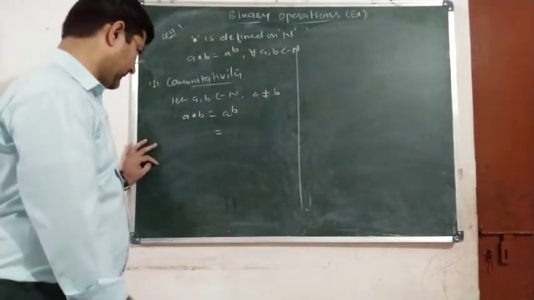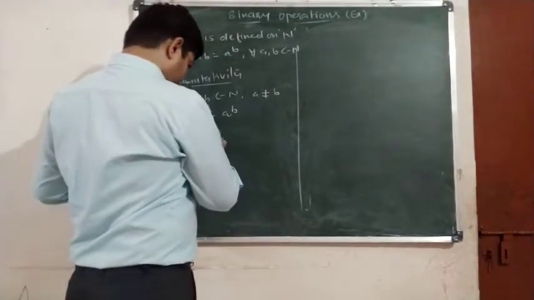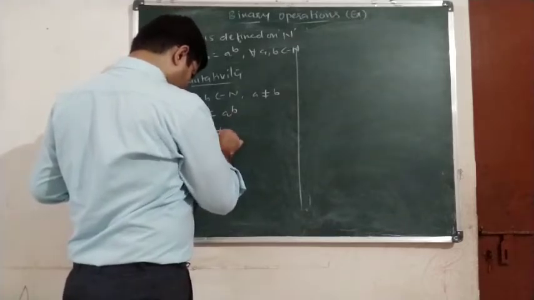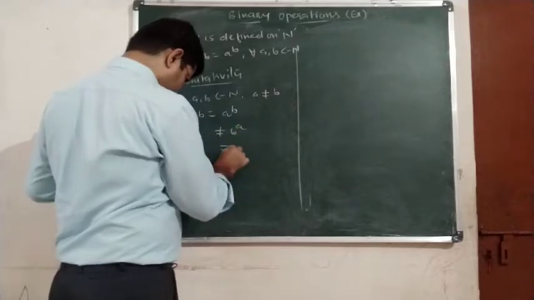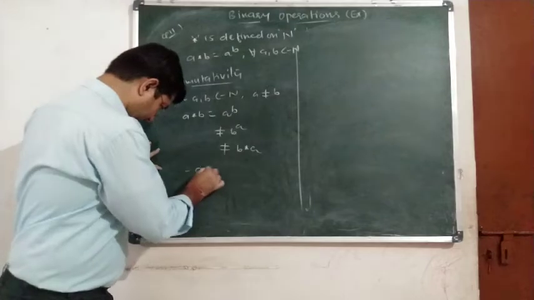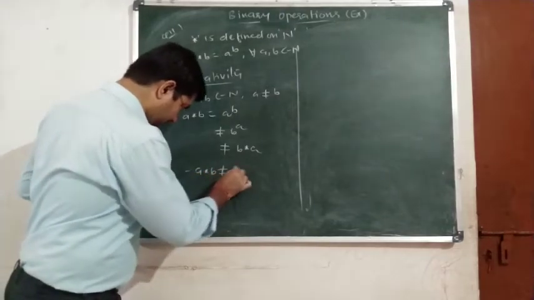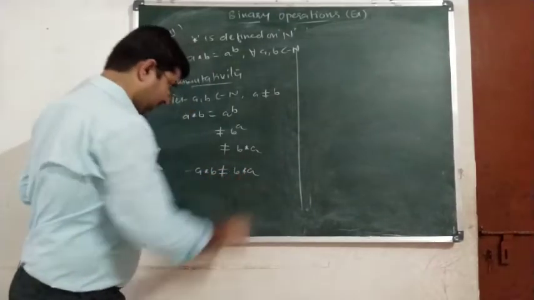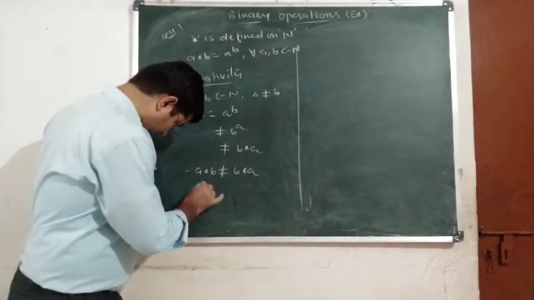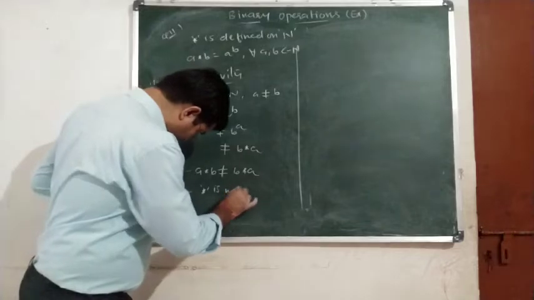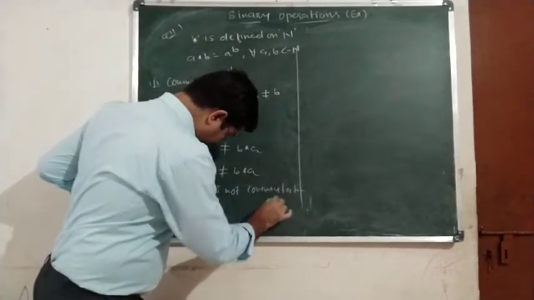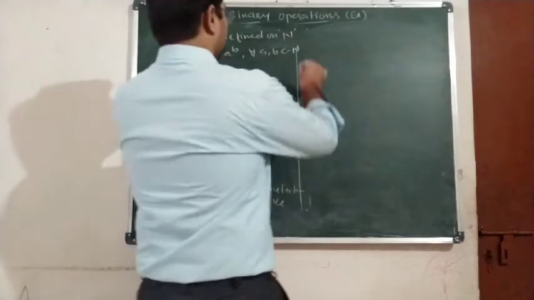So a asterisk b is equal to a raised to b, which is not equal to b raised to a, and therefore not equal to b asterisk a. Therefore a asterisk b is not equal to b asterisk a, and therefore the given operation is not commutative.